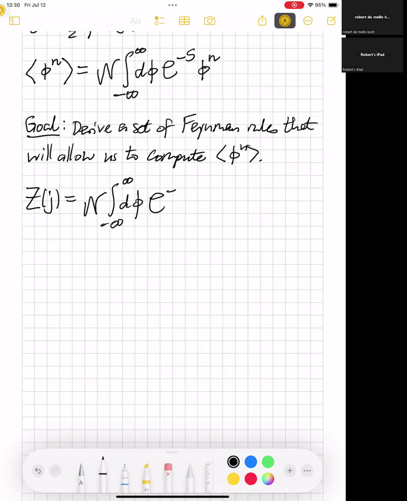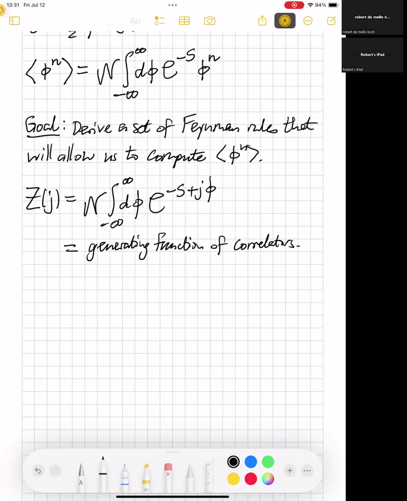Then we've got e to the minus S plus J phi. What is the name of this? This is called the generating function of correlators. Okay, so that's what we're going to focus on calculating.